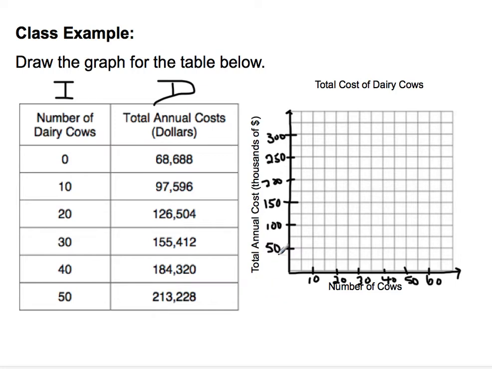Okay. Now we just do the best we can with our labeling because it's not going to be very accurate. So we have 0.68, so about right there. I'm going to put it in a different color just so that you guys can see it. So with no cows, we have a startup cost, or our fixed cost, of $68,688.